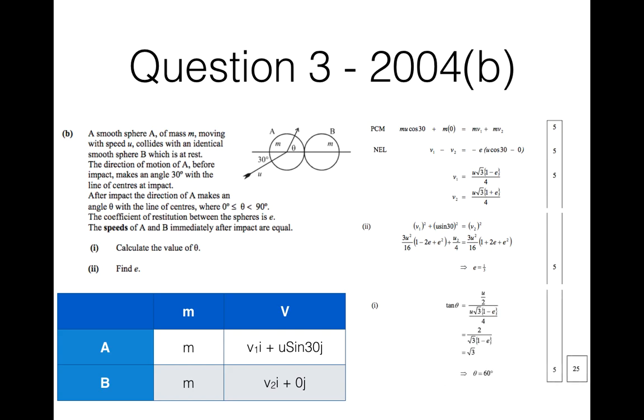So tan theta was u sin 30, so that's u over 2, all over v1, and v1 worked out as u by root 3, all multiplied by 1 plus e, and then all divided by 4. You're dividing by a fraction, flip it upside down and multiply by it, and tan theta works out as root 3, so theta works out as 60 degrees.